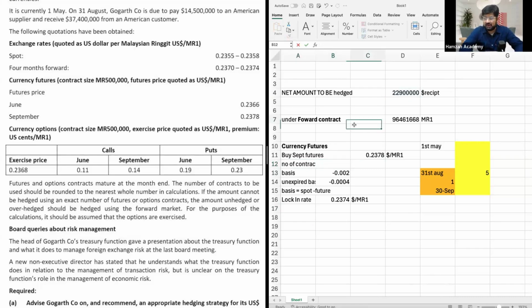For the currency future, contract size is 500,000 Malaysian ringgit. So number of contracts is this divided by this, but we cannot do this directly. First, the dollar amount will be converted into Malaysian ringgit, then divided by this.